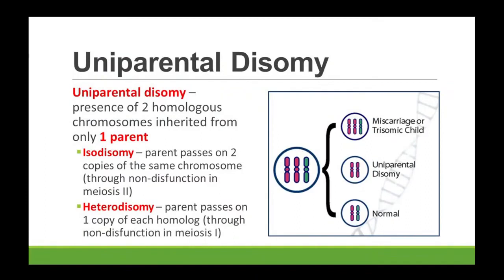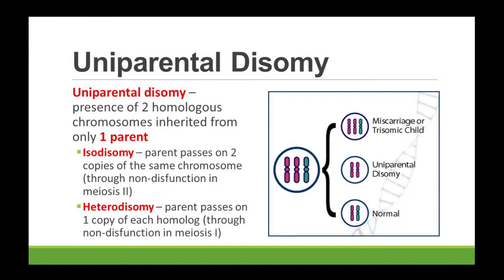Uniparental disomy is the presence of two homologous chromosomes inherited from only one parent. Isodisomy is when a parent passes on two copies of the same chromosome through non-disjunction in meiosis II.